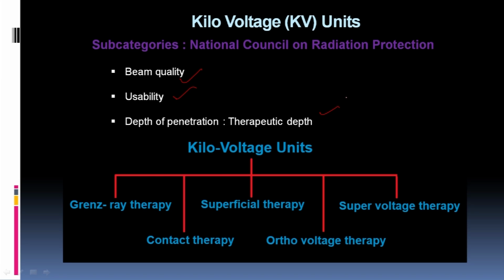Their names were also defined as per their use, because contact therapy is used only for superficial targets, meaning very low depth targets, and orthovoltage therapy is also known as deep therapy, and supervoltage therapy is the higher voltage therapy used for kilovoltage unit subcategory.